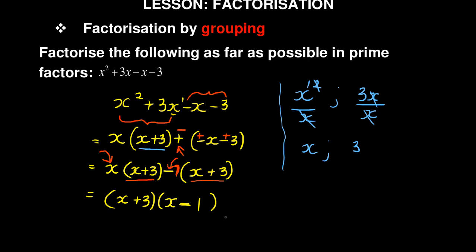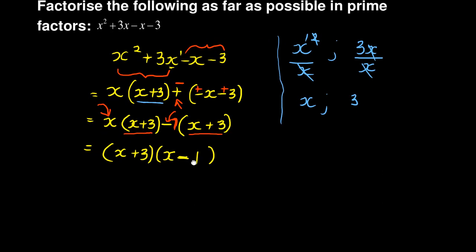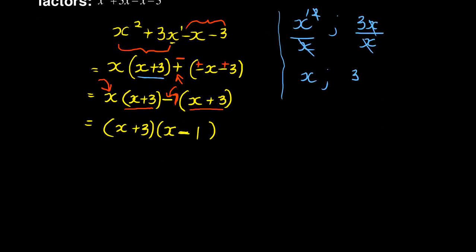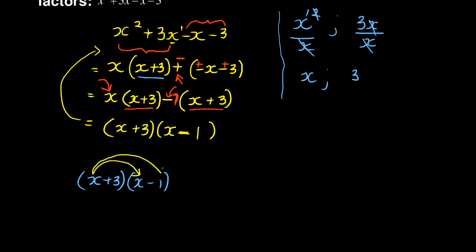And when you're given such a problem, you can use the concept of expanding. And when you expand, you can actually go back to check if it takes you back to the previous first answer. So if you expand, for example, x plus 3 and x minus 1, by expanding, what it actually means is the x will multiply the x, the x will multiply the minus 1, the 3 will multiply the x, and the 3 will multiply the minus 1.